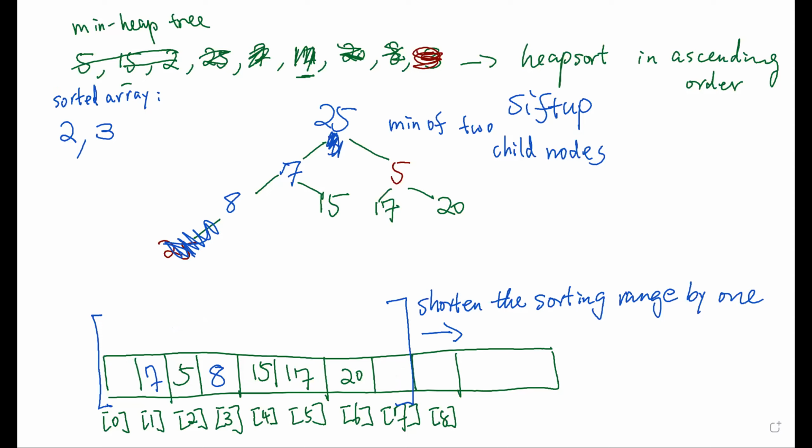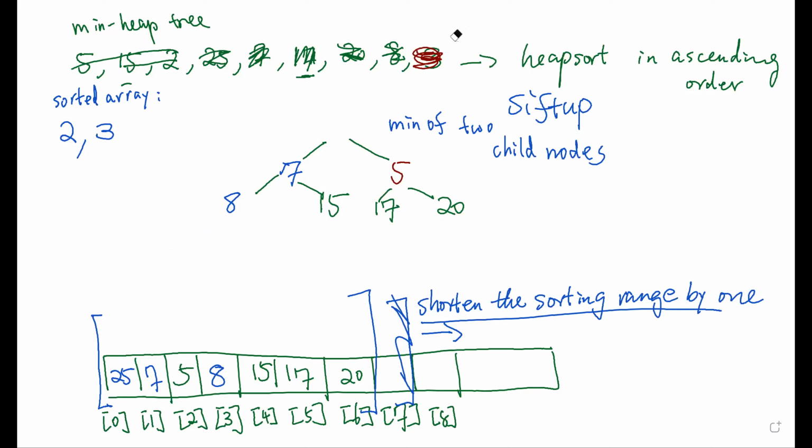25 is here. And we shorten the sorting range by another one. So let me clean more, okay.